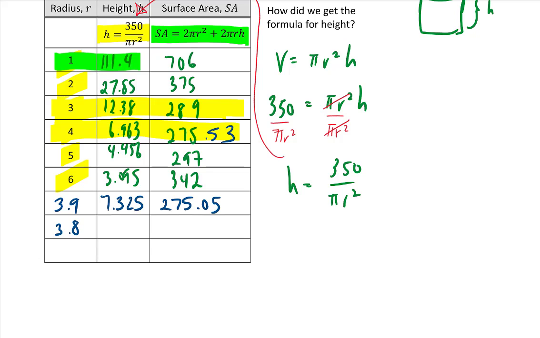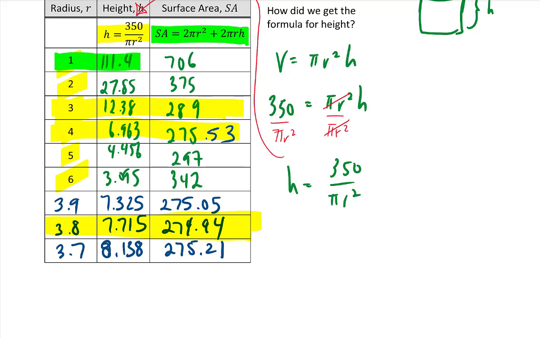Let's try 3.8. 3.8 is 7.715. And that gives me 274.94. So again, it's a bit lower. So let's try 3.7. That's 8.138. And when I try this one, I get 275.21 approximately. And we can see we did hit the lowest one about here.